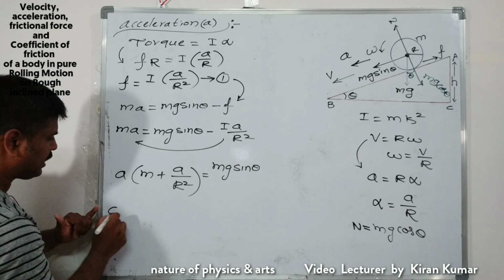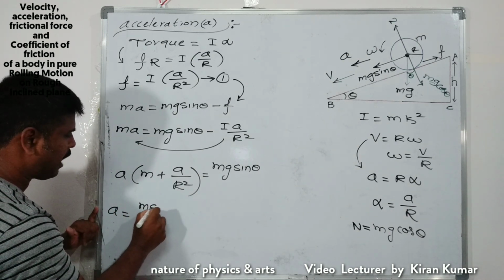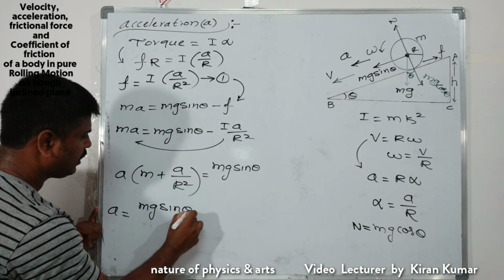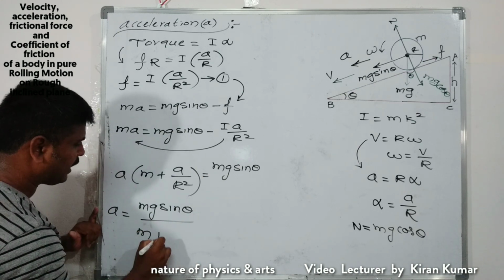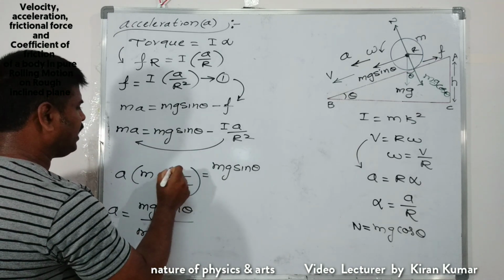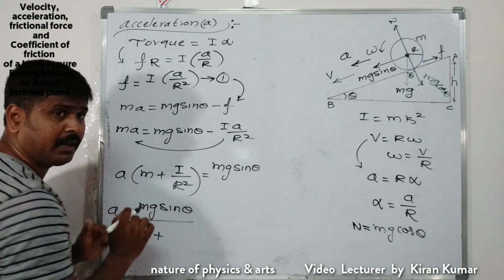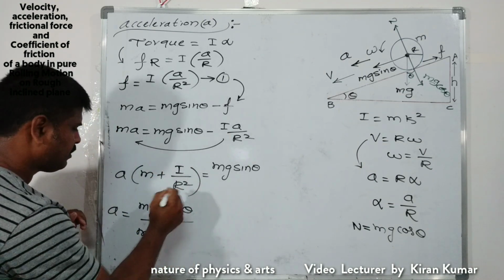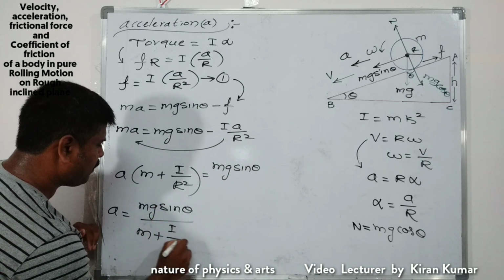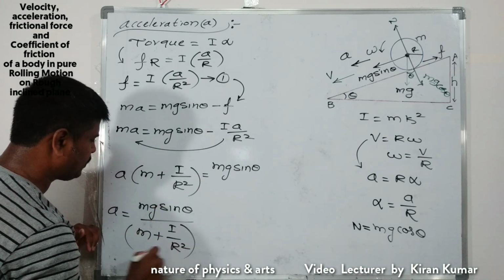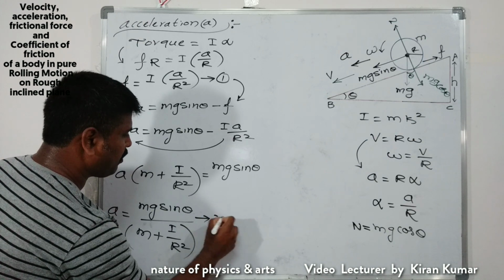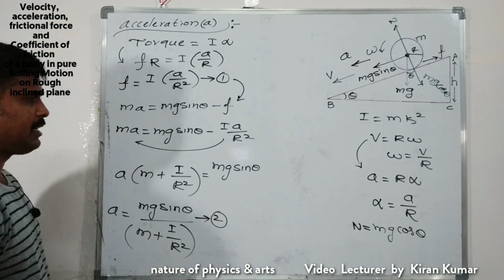So the acceleration, first equation, is mg sin theta divided by m plus I divided by r square, where I is the moment of inertia. Sorry for the mistake, acceleration is common. This is equation number 2 for the acceleration.